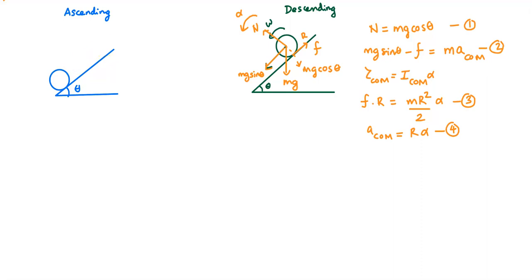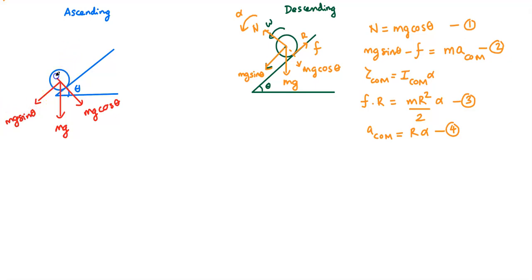Okay, so when the cylinder is ascending, we have a similar free body diagram. So that's going to be a weight mg, which can always be resolved into the mg cos theta component and the mg sin theta component.